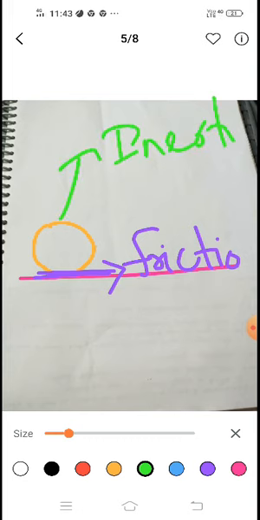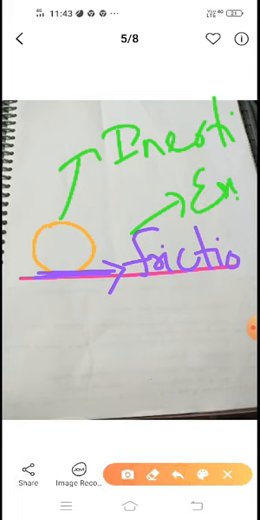Because of this frictional force, the speed of the ball will decrease and the ball tends to stop. Therefore, initially it was in inertia, and this is the external force by which the ball has stopped. So we also saw what a force is. Force is an external agency which acts on an object.